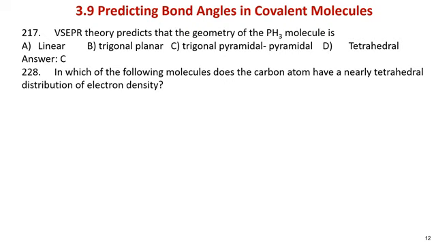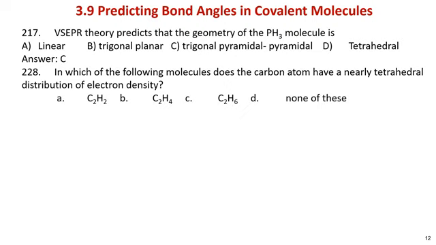In which of the following molecules does the carbon atom have a nearly tetrahedral distribution of electron density? C2H6. C2H6 has 4 bonds here, therefore it is tetrahedral.